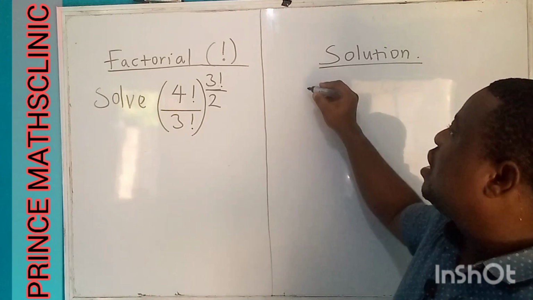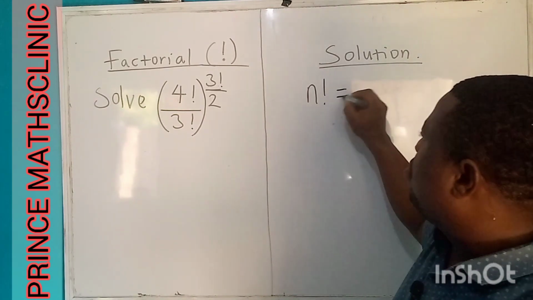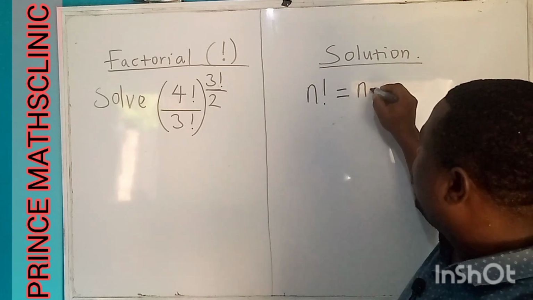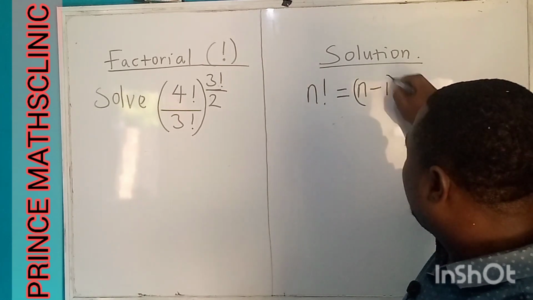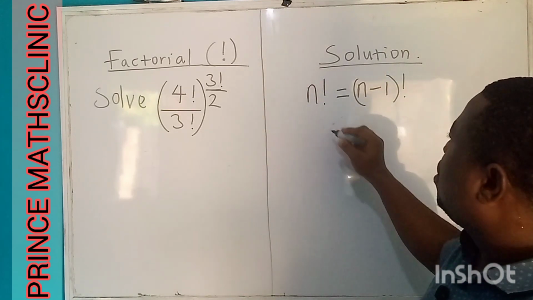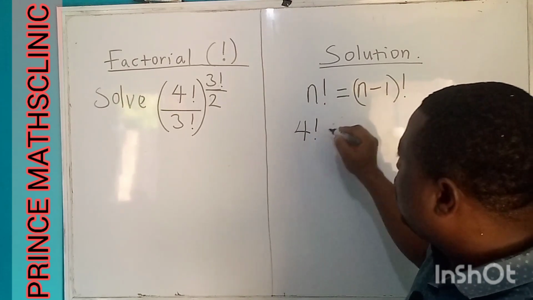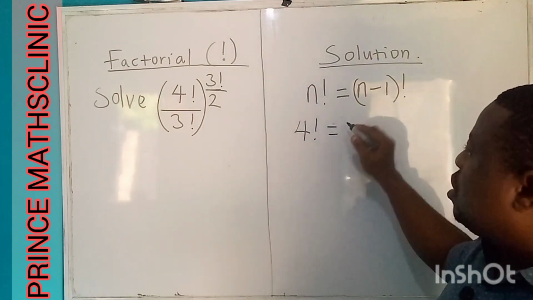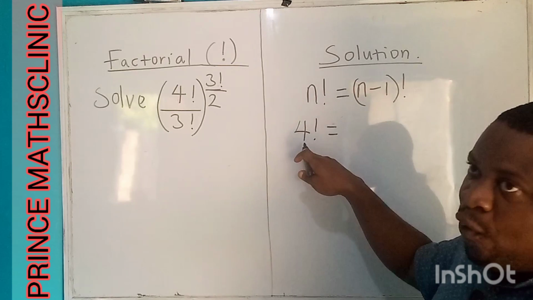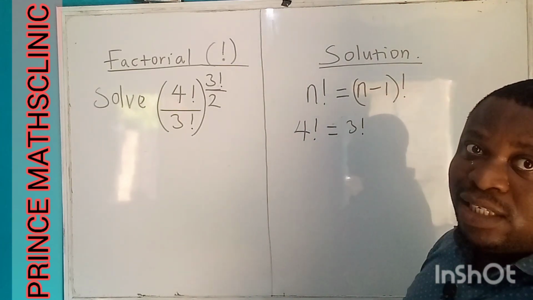So that means that if I have n factorial, it simply means a number below n, which is n minus 1 factorial. Now, what do I mean by n minus 1? For instance, we have 4 factorial. 4 factorial means reduce 4 by 1. You get 3 factorial, right?